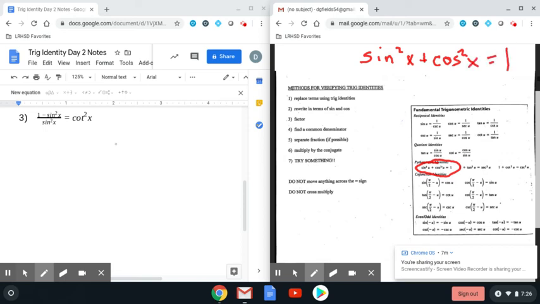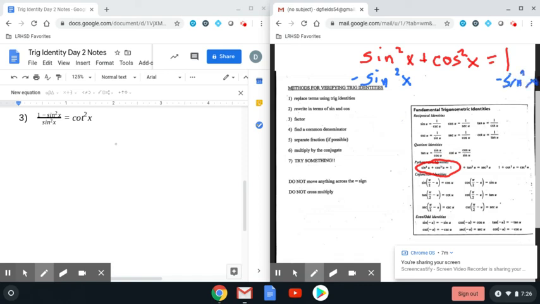So if I write that original identity again up top. On the last problem, we tried to solve for sine and get sine by itself. So this time, let's do the same thing, but get cosine by itself and see what happens. So I can actually subtract the sine squared x on both sides.